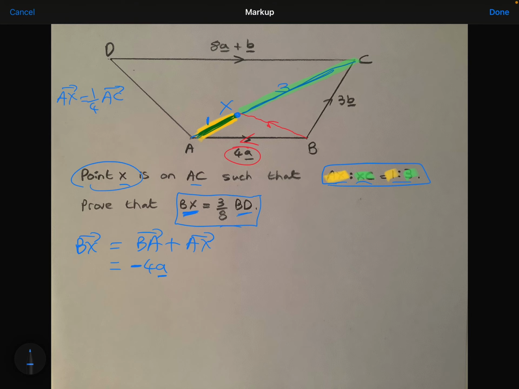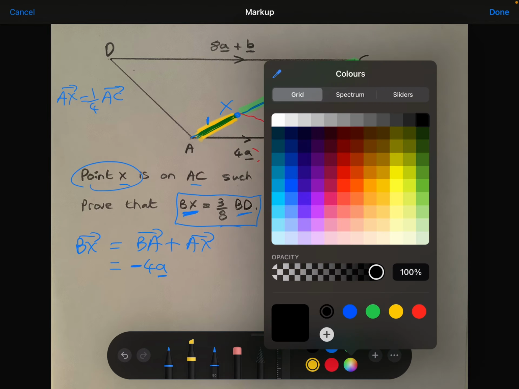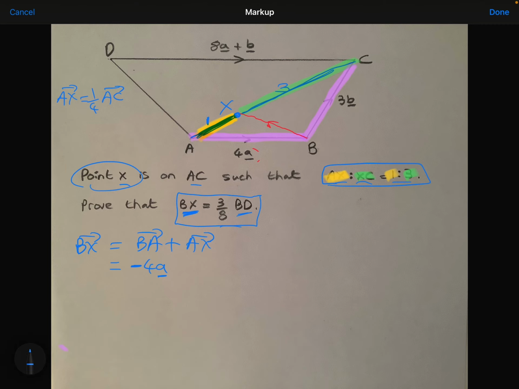Now, A to C, I can work out as being A to B plus B to C. So AC equals 4A plus 3B.